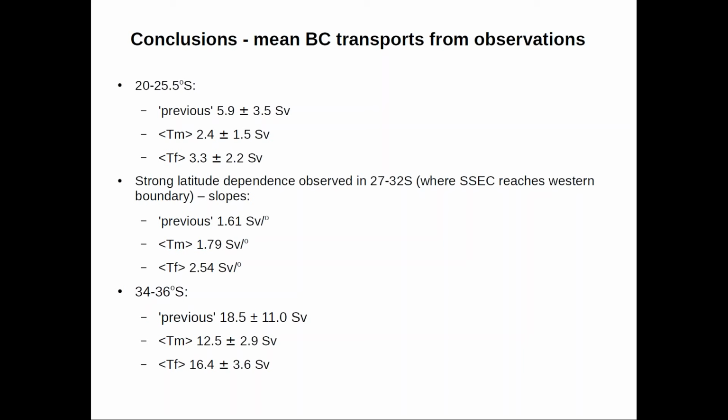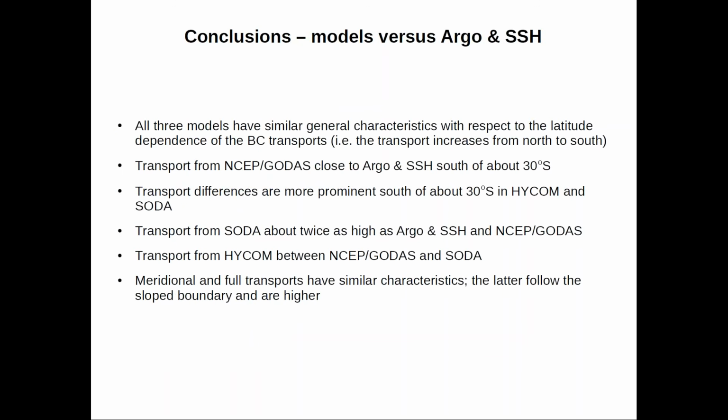We have a larger latitude dependence between 27 and 32 south. And then closer to the confluence, around 35 south, we get a little bit smaller transports, both for the meridional component and for the full component. But I don't really think that that difference is very significant, but we will see how it evolves over time.